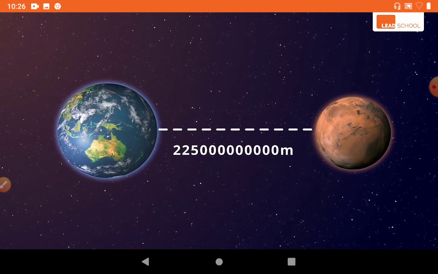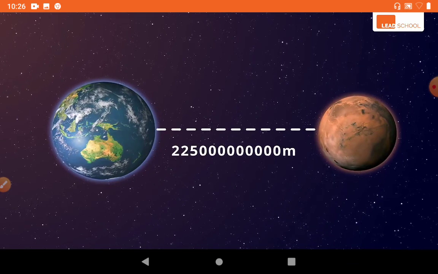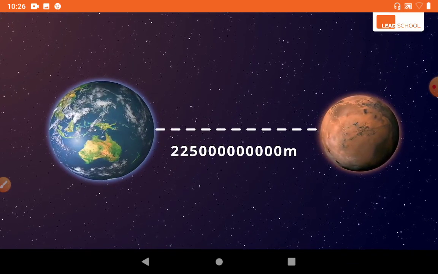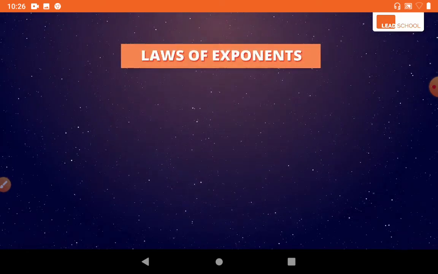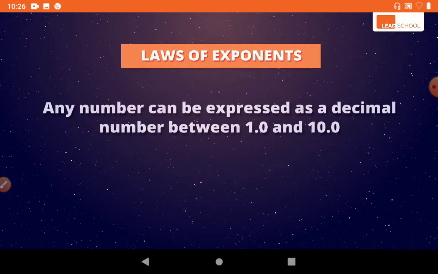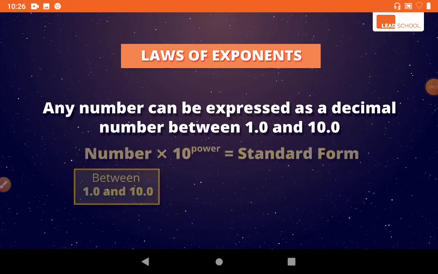Is it easy for you to read such a large number? To make it easier to read and write such large numbers, we use the laws of exponents. Any number can be expressed as a decimal number between 1.0 and 10.0. This number multiplied by the power of 10 gives the standard form of a number.